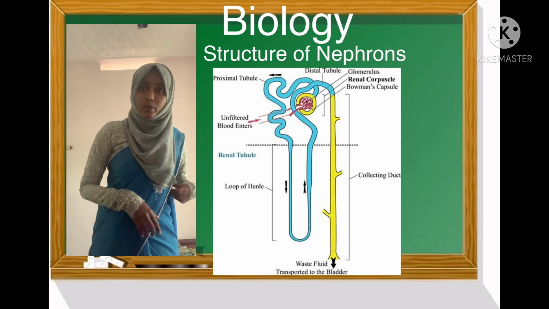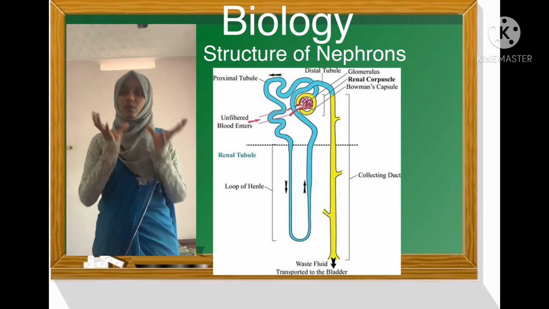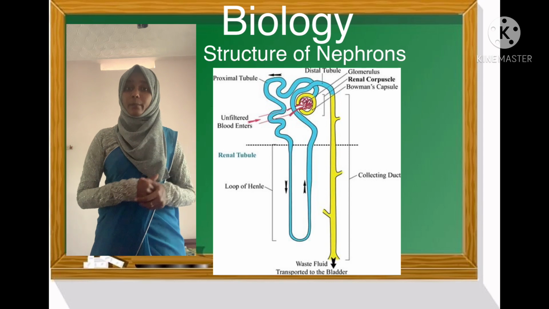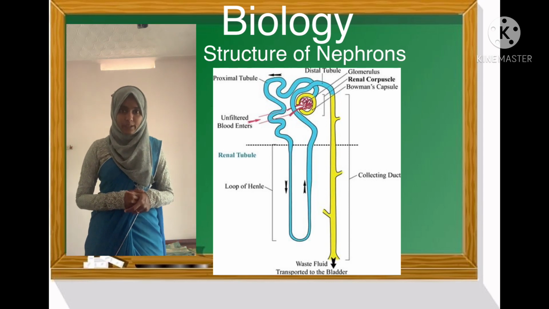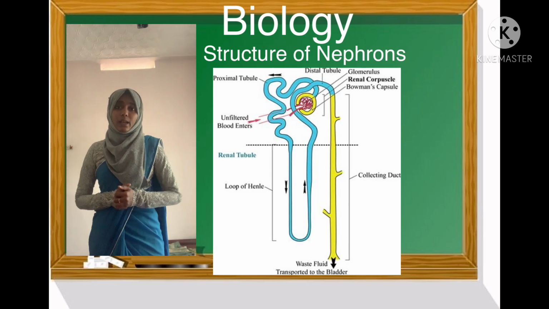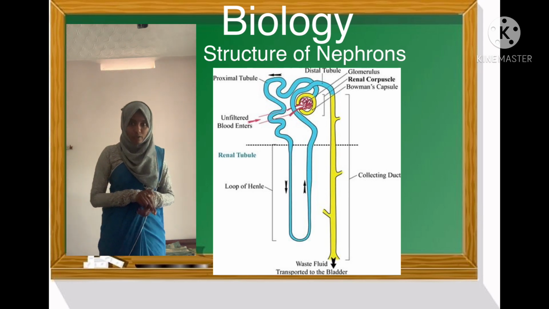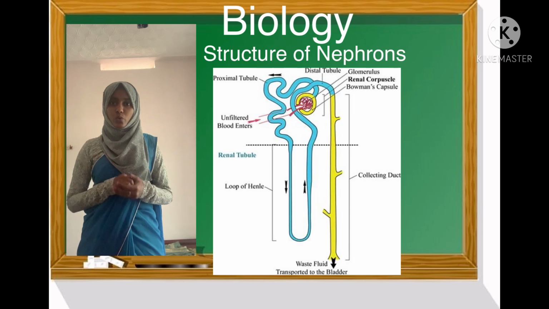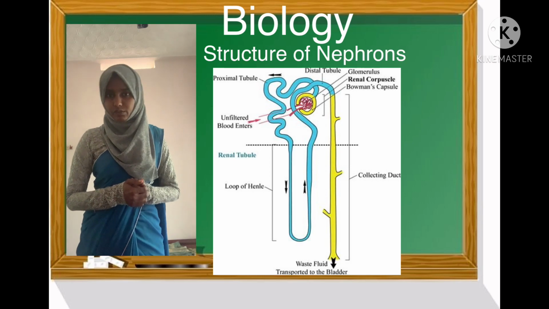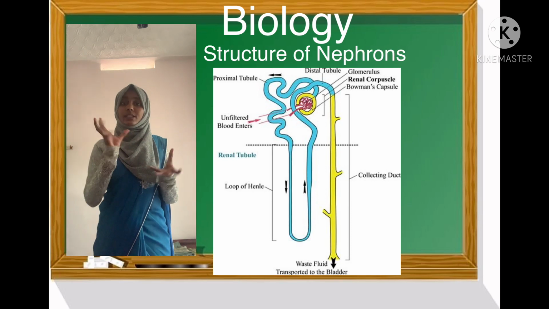Glomerulus is a finer capillary network seen in the Bowman's capsule, formed from the afferent vessel. And the minute pores in these capillaries help in ultrafiltration. So ultrafiltration takes place in the glomerulus, where the minute pores in its walls help in the process. So where is this glomerulus seen? Glomerulus is seen in the Bowman's capsule.